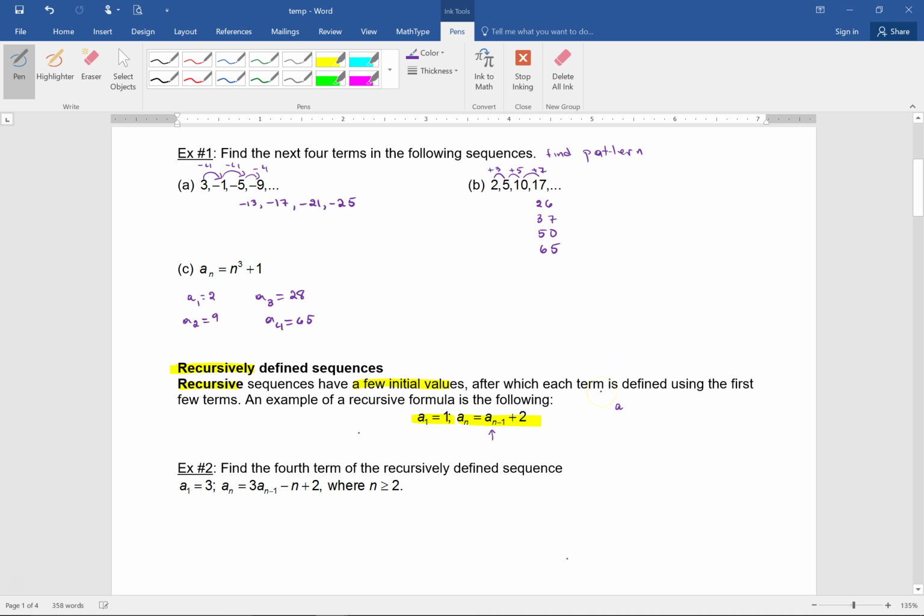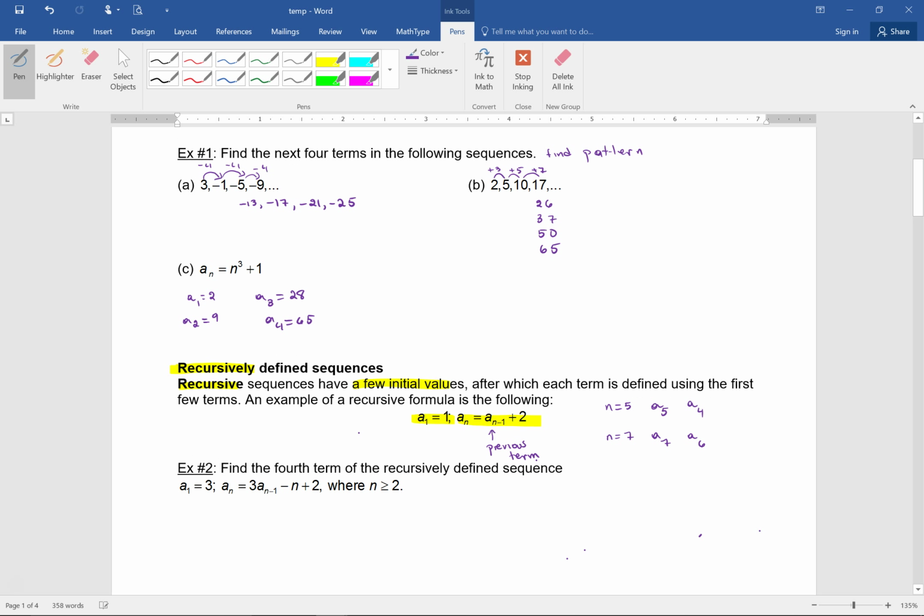So suppose N is 5. AN is A5, and what's AN minus 1? A4, plus 2. So now if N is equal to 7, you have A7 and A6. So when you have AN minus 1, that just means the previous term.